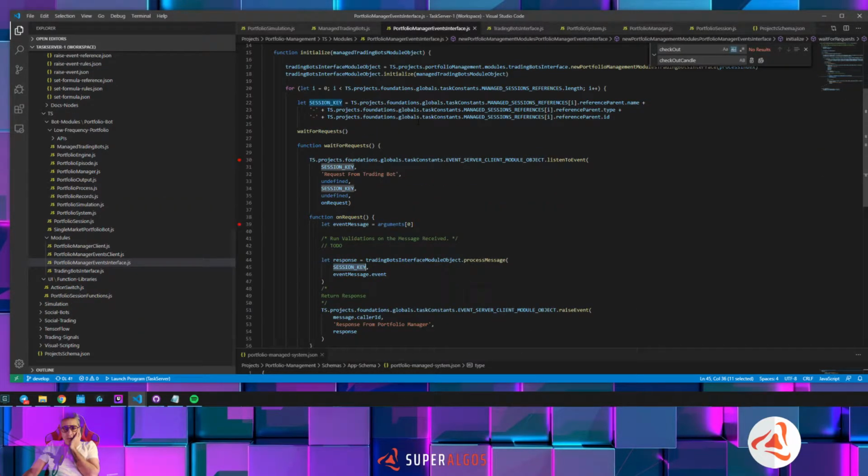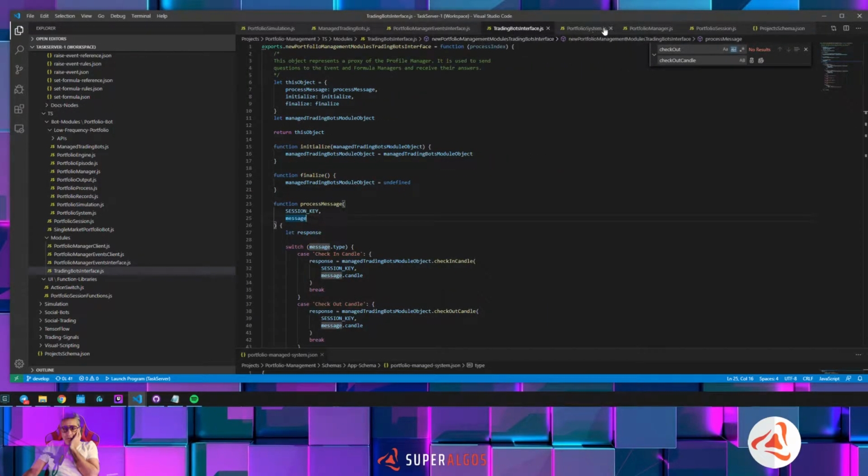Portfolio manager, event interface, trading bot interface, and this guy, portfolio system manager, session, or project schema. We don't really need it because we're not going to deal with that. Also, we won't need this guy.